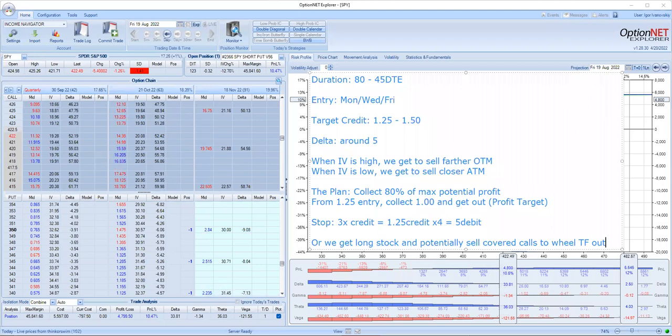I'm going to buy to close the option at my stop loss, and the following Monday, Wednesday, or Friday, I'm going to sell another option. So am I rolling that specific option? No, but I'm going to get new trades on as I get stopped out of some of the trades that get in trouble. I hope that makes sense too.